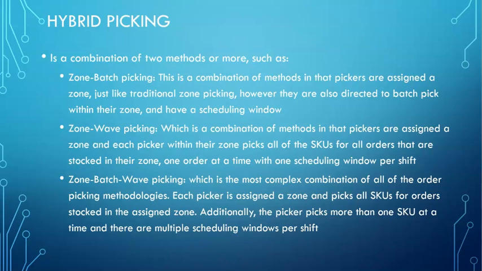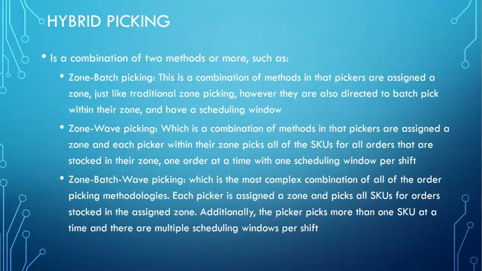And then we have zone wave picking, which is a combination of the method of zoning. As we said, a zone will be assigned to a picker, and all the SKUs for all orders that are stocked in that zone are picked one order at a time with one scheduling window per shift.